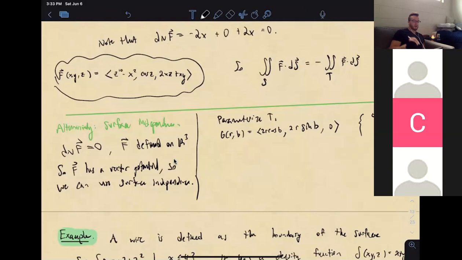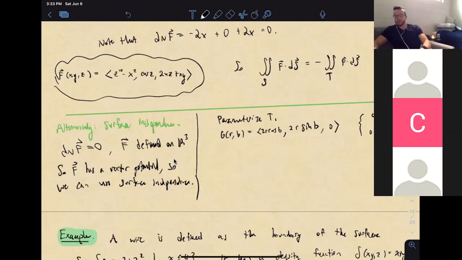And R, since I decided to write a 2 there, would go from 0 to 1. But if you do what Ricardo wrote in the chat exactly, just R cosine of B, that's totally fine, but you would want to send R from 0 to 2 to account for the radius there. I've said this 9,000 times this quarter. There are many different ways to parameterize the same thing, and as long as you do something correct, you'll be fine.